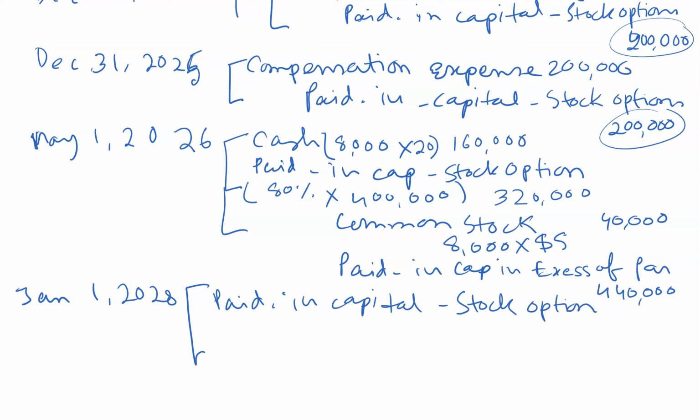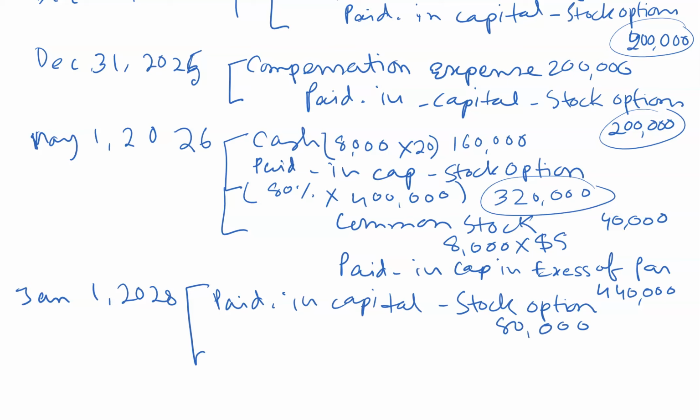And you already know the remaining 20%; there are several ways. You can take 20% of 400,000, or you can take the difference: 400,000 minus the 320,000 we debited, so it will be 80,000.